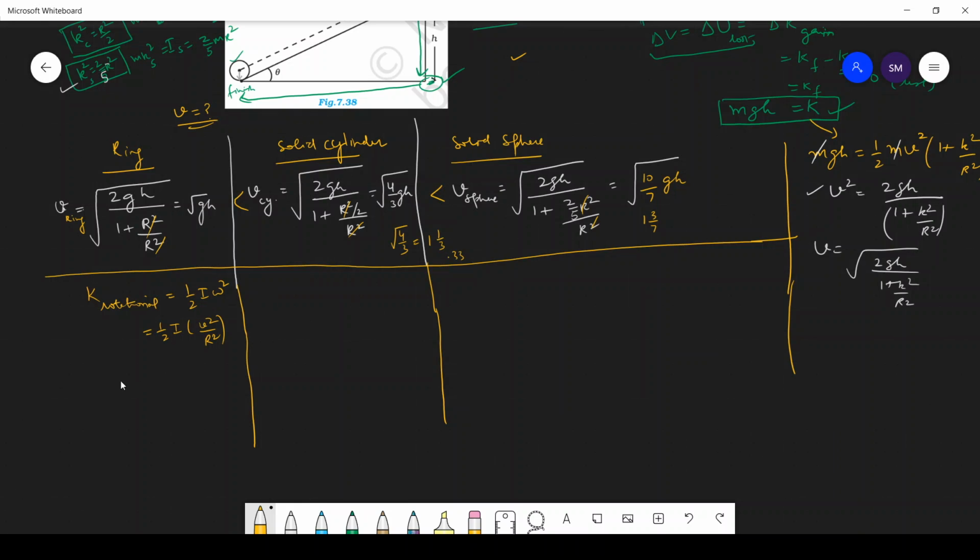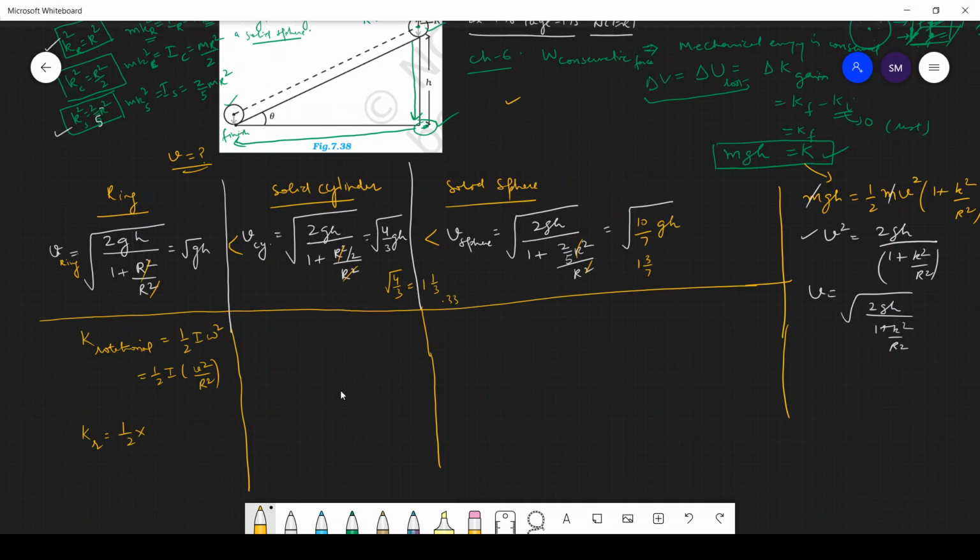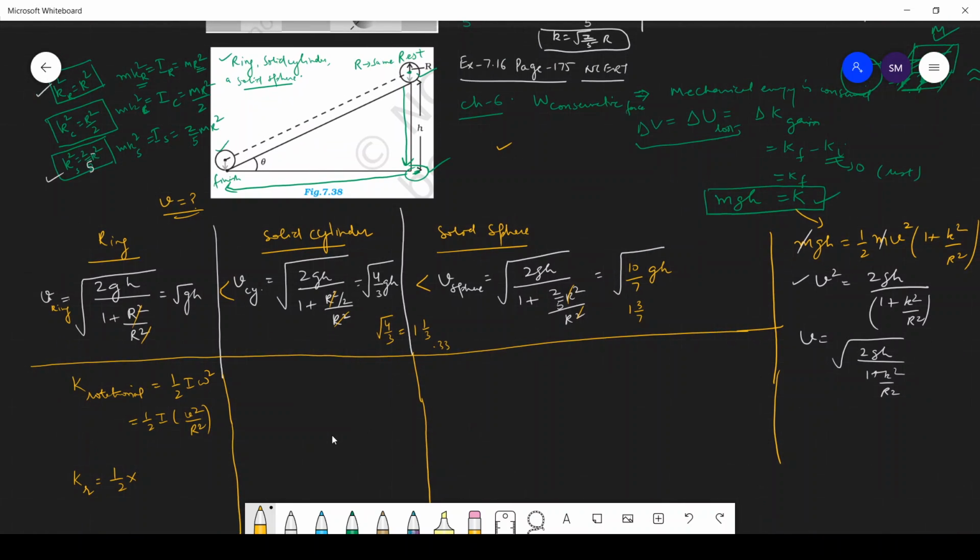In case of ring, K rotational is equal to half into, what is the moment of inertia for the ring? Moment of inertia for the ring is mr square. So that's mr square into V square by R square. So R square got cancelled out here and we get half m V square.